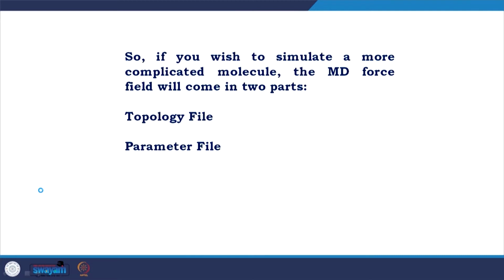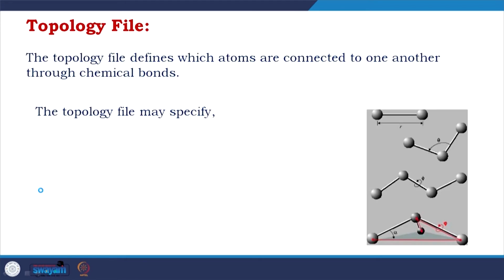So, if we wish to simulate a more complicated molecule, the MD force field will come in two parts: topology file and parameter file. The topology file defines which atoms are connected to one another through chemical bonds. So, what will it talk about?